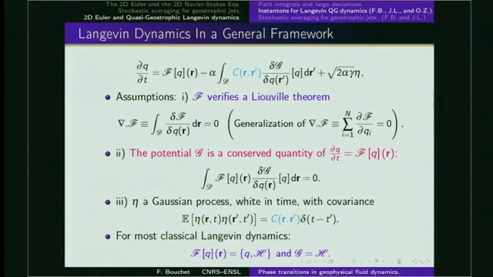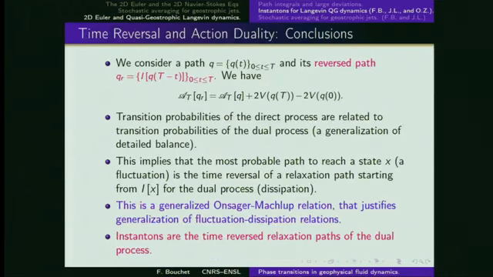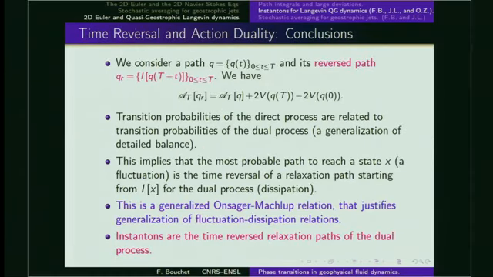And if we choose to force the dynamics with a white noise such that the correlation function is exactly the same as the one that appears for the dissipation here, we will obtain exactly Langevin dynamics as in statistical physics. Then we can study the effects of time reversal and see that there is a duality at the level of the action. And when we assume this, we will be able to easily say that the transition probability of the direct process will be related to the transition probability of the dual process.